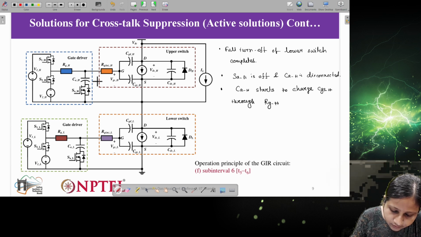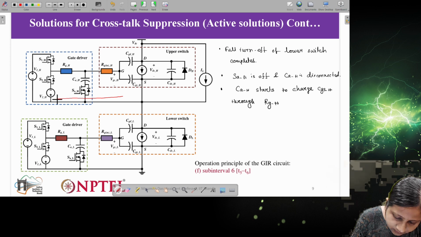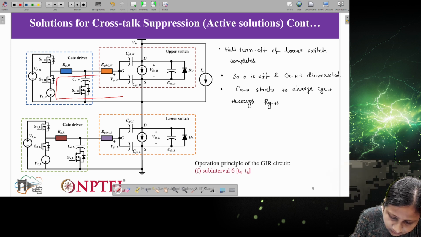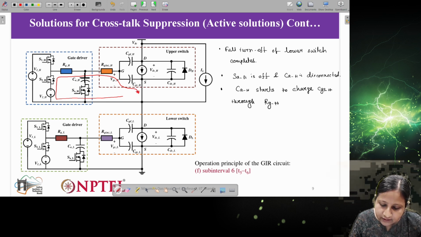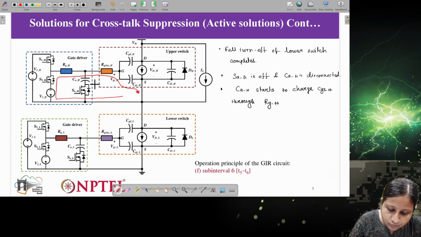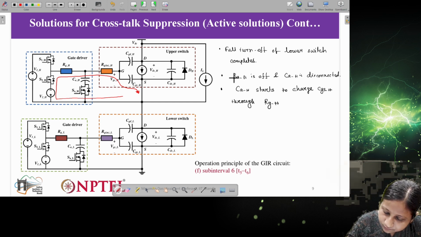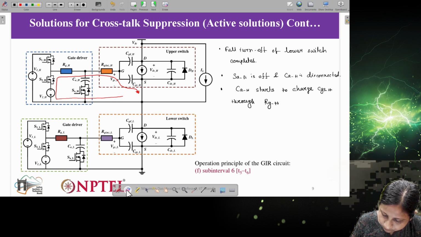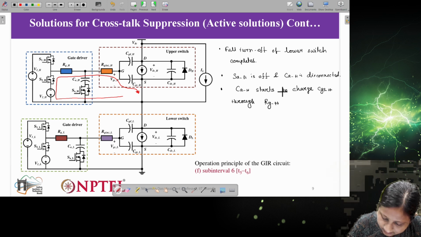The current is flowing through S2H, RGH, to the gate capacitance. So basically CGSH will be charged from this switch, body diode, and V2H. Or let me just write down that CGSH discharges.